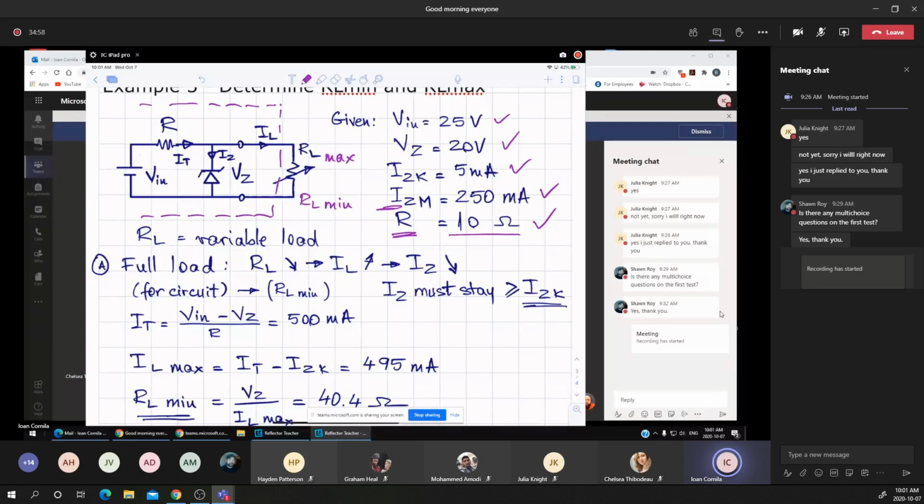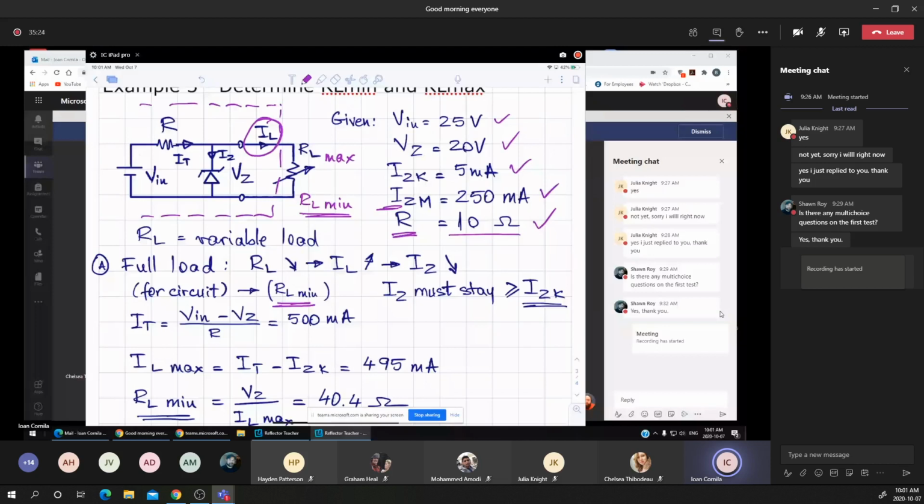For a full load for the circuit, I have to determine what is the minimum resistance. In terms of loading a circuit, it is in terms of the current, means that I'm looking to determine the minimum resistance to determine the maximum load for the current.